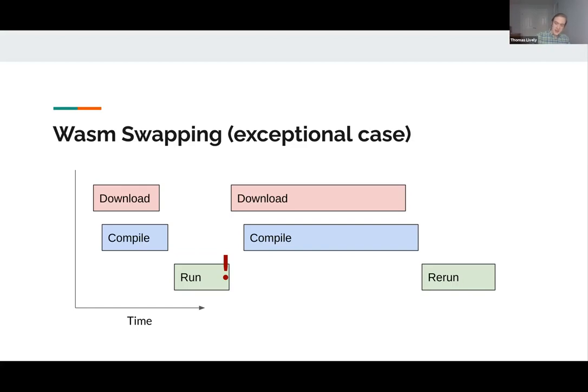So this works because the work of displaying a PDF is idempotent, right? They can just throw away what they've done, download a new build, and just run it again from the start, and that's okay. But most applications are not like that. You can't just throw away all the work you've done so far and rerun it from the start.